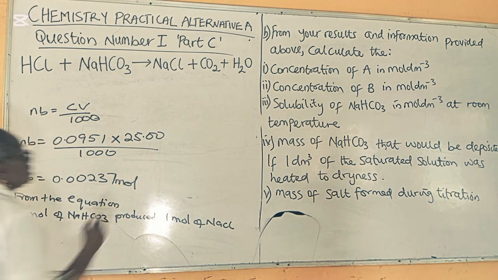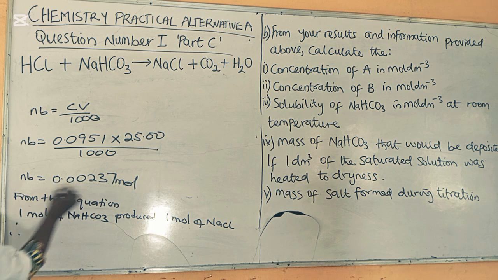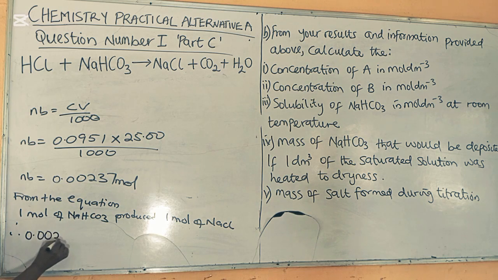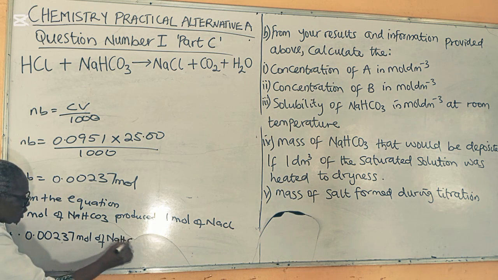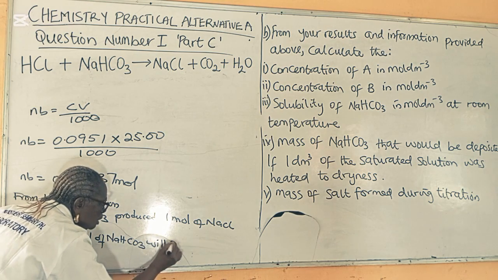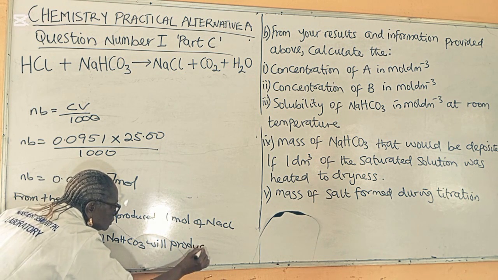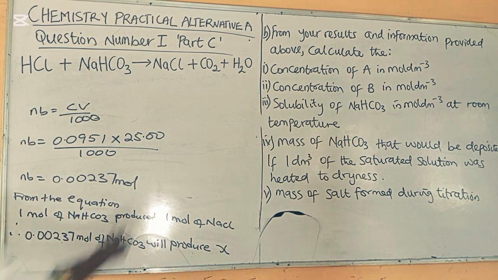And the salt there is sodium chloride. Therefore, this is what I have to use: 0.00237 mole of NaHCO3 will produce X. Cross multiply.